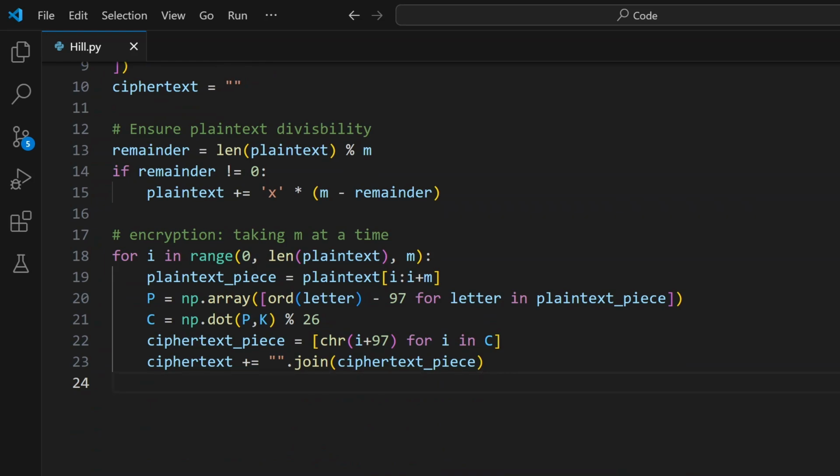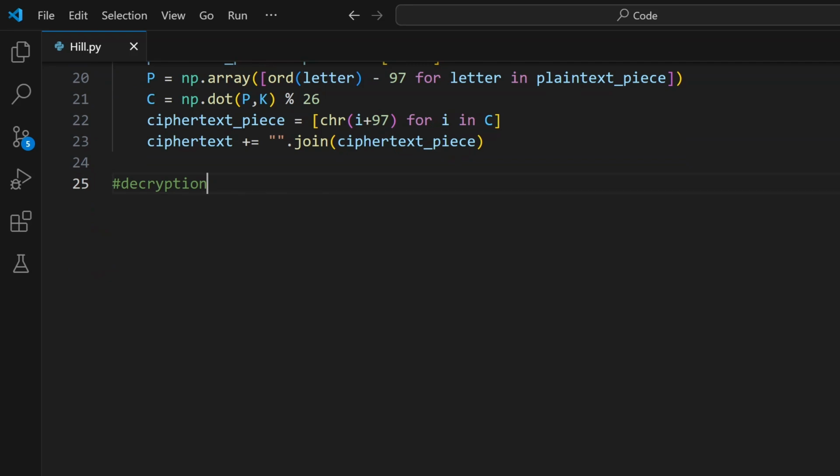Let's get that maybe down here. Decryption. And here we are also going to take M at a time just to be consistent with the encryption. And I have to mention that the inverse here, so if you've done a linear algebra course, you probably know what the inverse is.